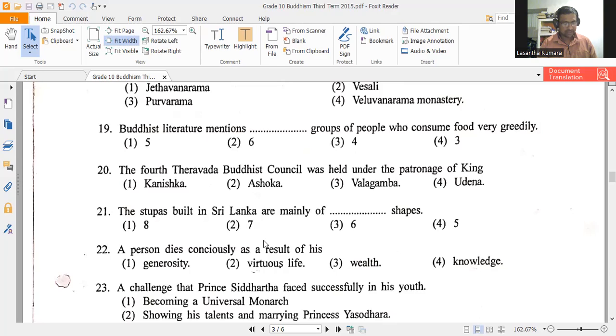So I think you all have this one. Can you tell me what the shapes are, just to remind the shapes of the stupa? Dhanyakara, Bhulakara, Amalakara, Gatakara.